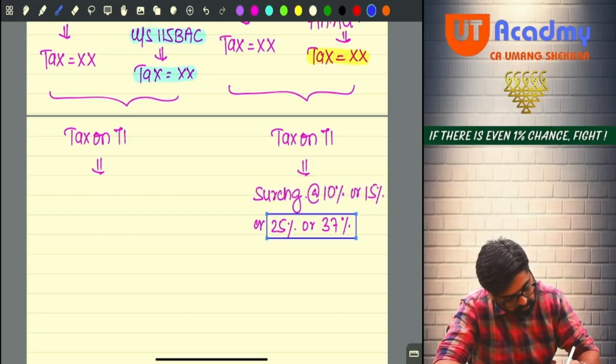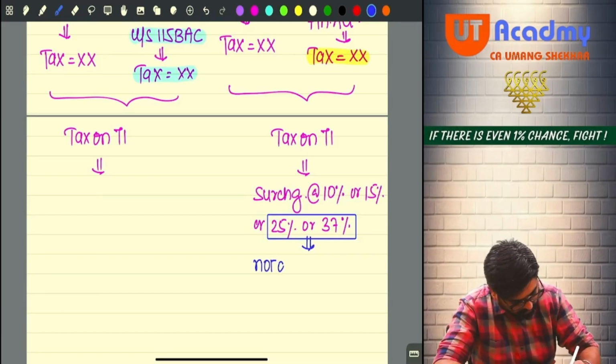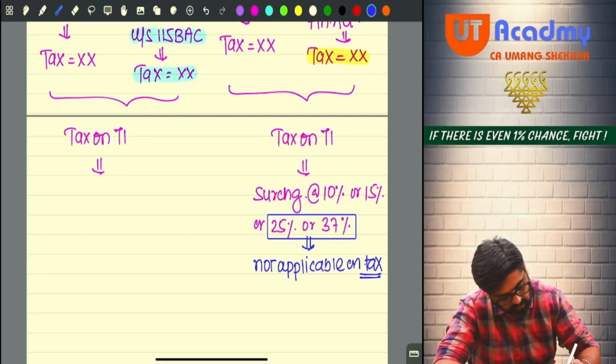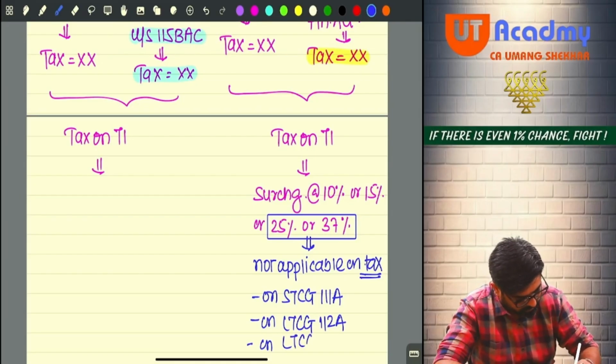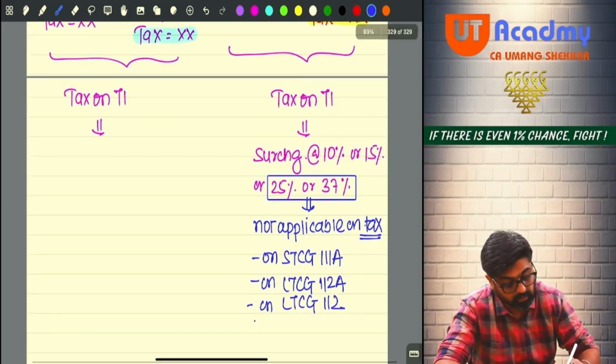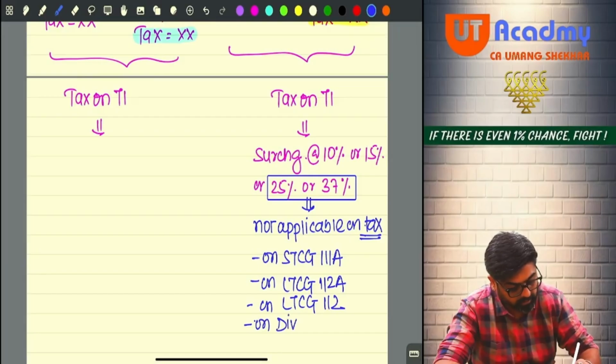Which I told you that time also, that this higher rate of surcharge is not applicable on tax which you have calculated on STCG 111A, on LTCG 112A, and on LTCG 112, and also on tax on dividend incomes.